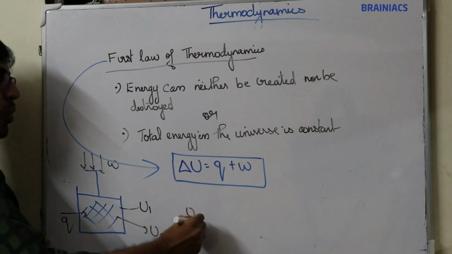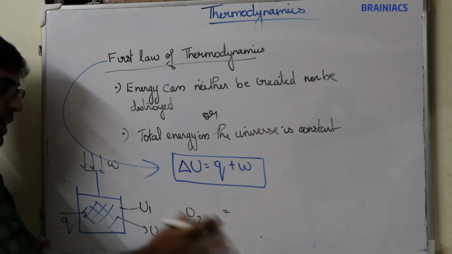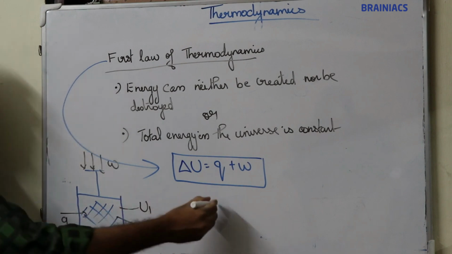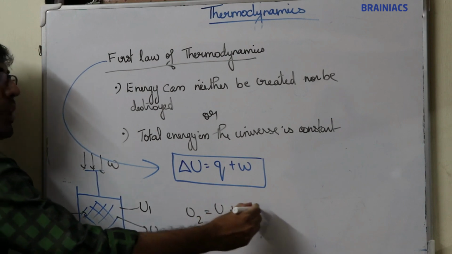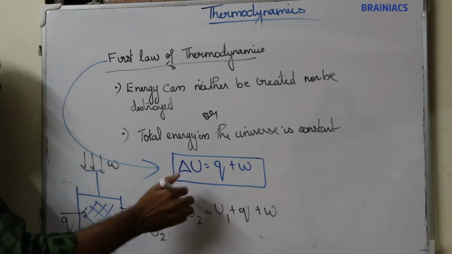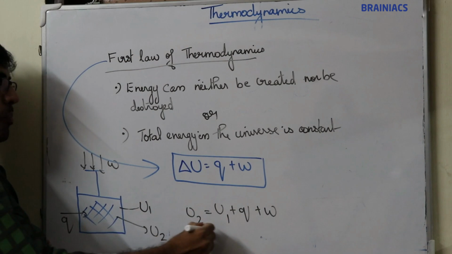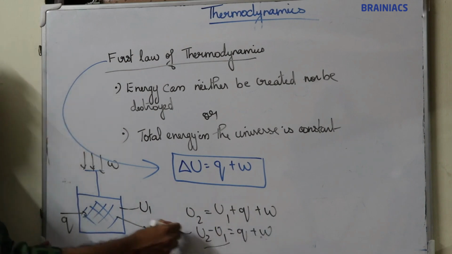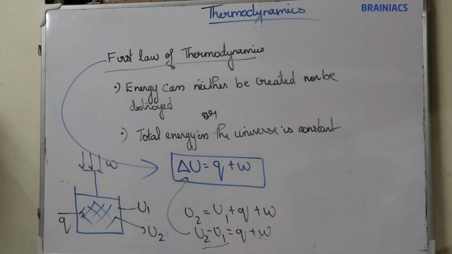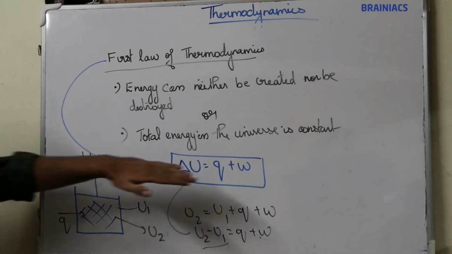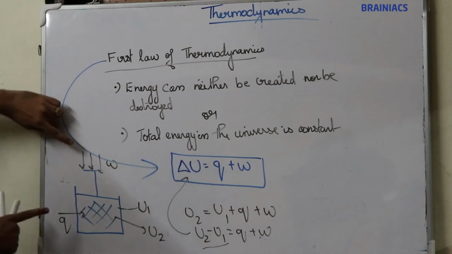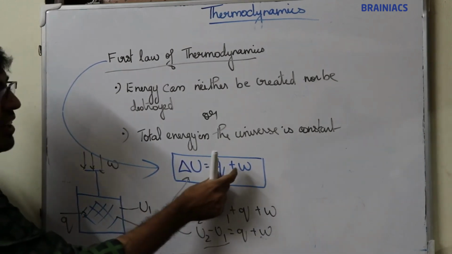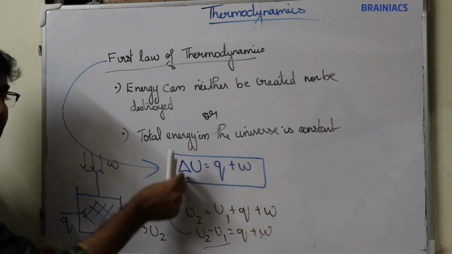So the new internal energy U2 is equal to U1 plus Q plus W. I am taking U1 to the side. So U2 minus U1 is equal to Q plus W. What is U2 minus U1? It is delta U. Delta U is equal to Q plus W. Now, this equation states that heat energy and work energy are converted to internal energy.